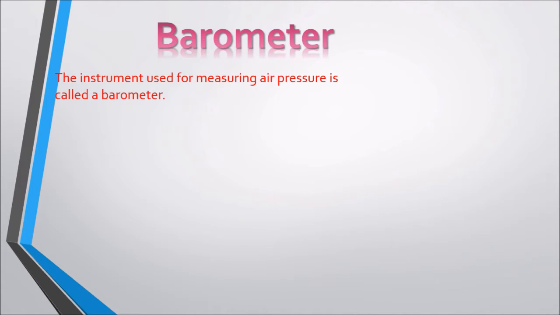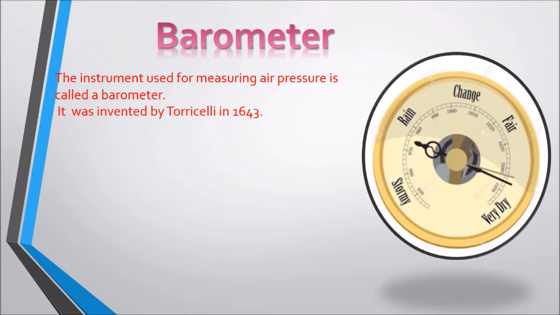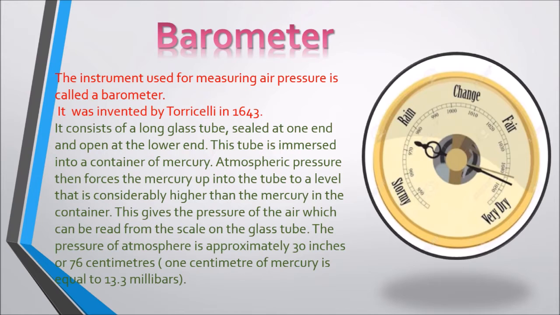The instrument used for measuring air pressure is called barometer. It was invented by Torricelli in the year 1643. It consists of a long glass tube sealed at one end and open at the lower end. This tube is immersed into a container of mercury.